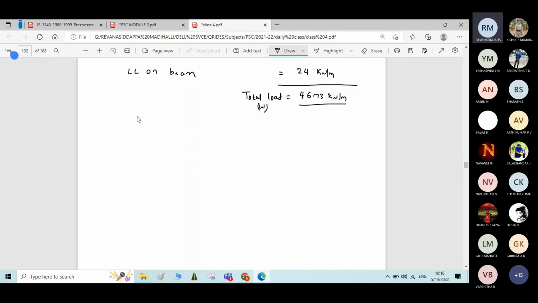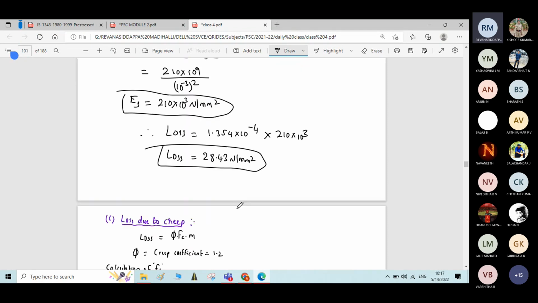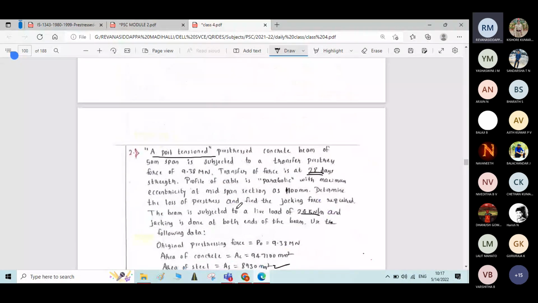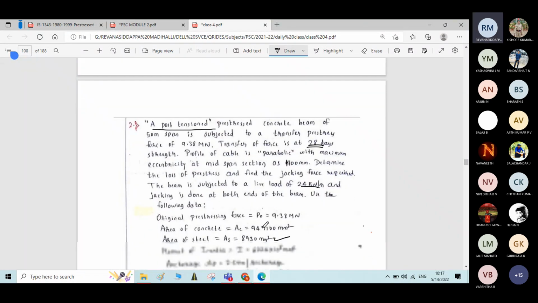Now we can calculate the moment. Therefore, moment M is equal to W L square by 8, is equal to 46.73 into length of the beam. How much is it given?